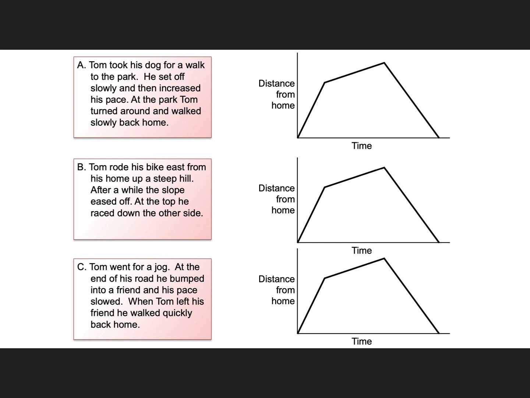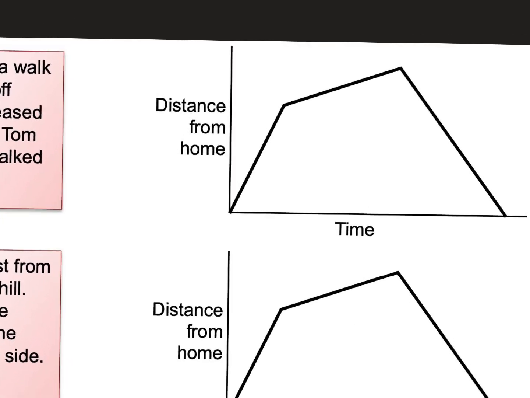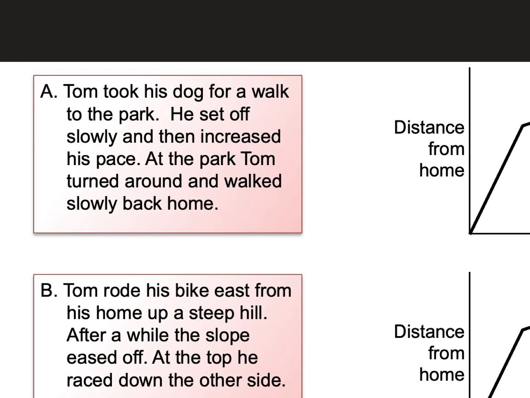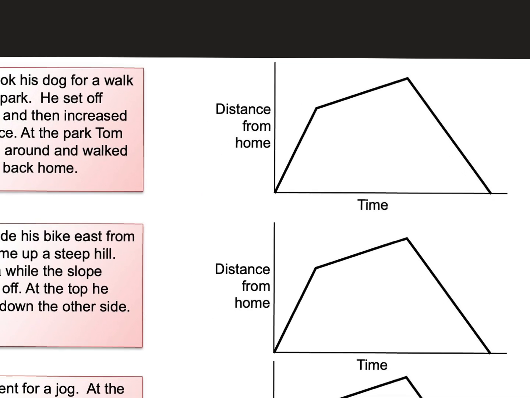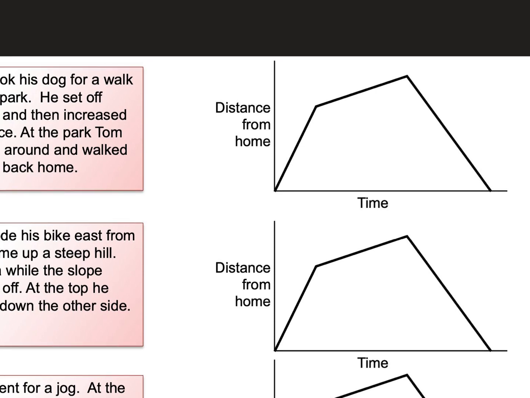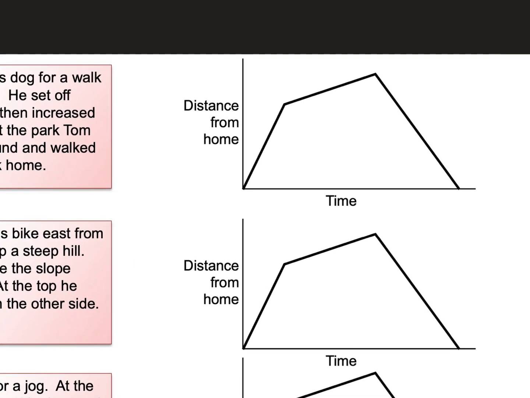Okay, so let's look at these and actually compare what's there to what our options are on the graph. So Tom took his dog for a walk to the park. He set off slowly, then increased his pace. At the park, Tom turned around and walked slowly back home. So he set off slowly. I can show on the graph here, this part right here would be Tom started slowly.